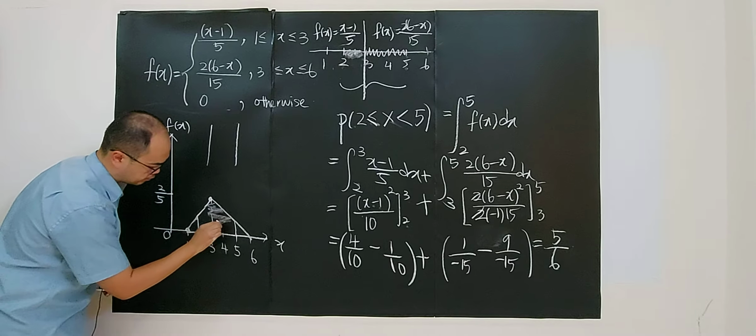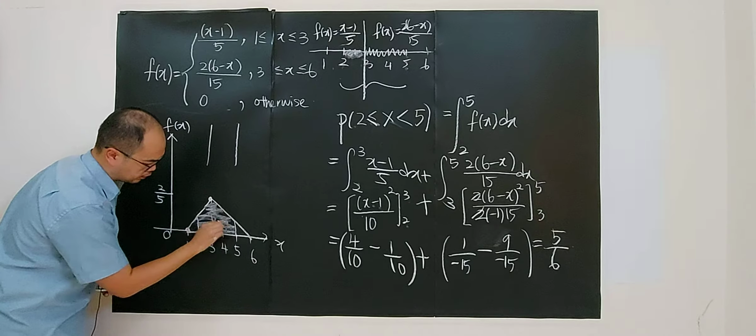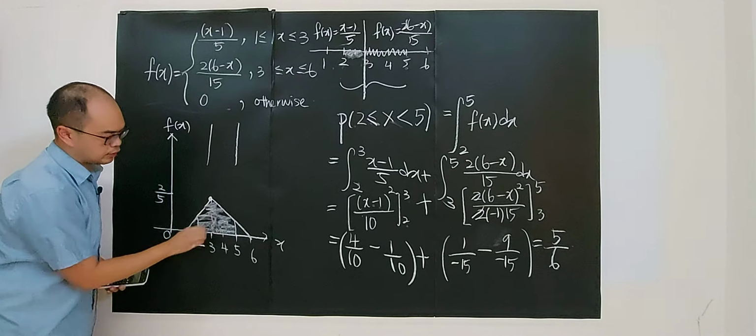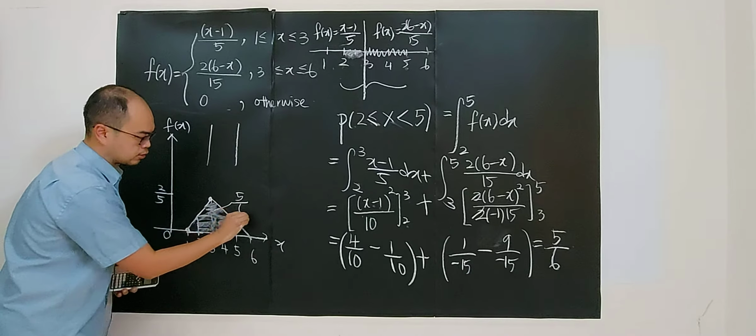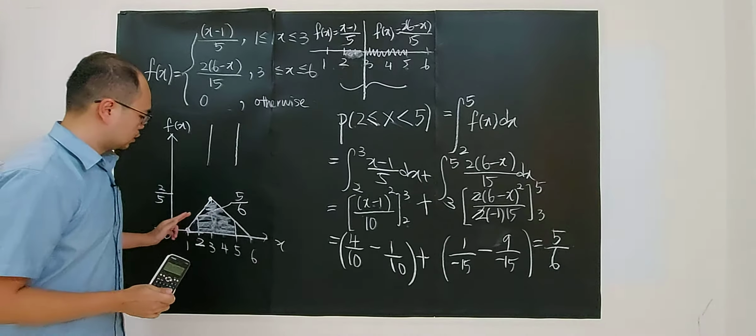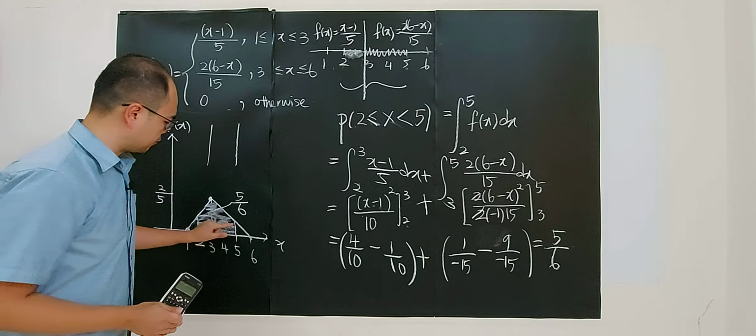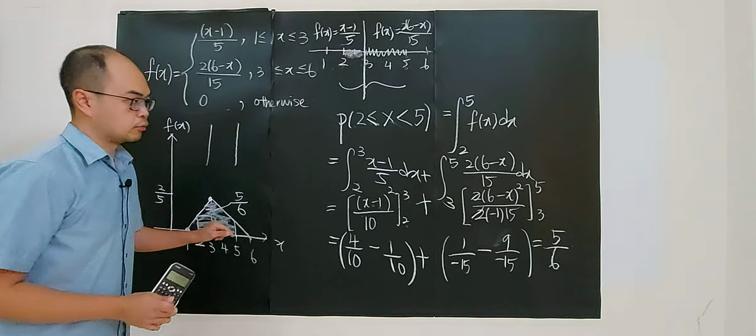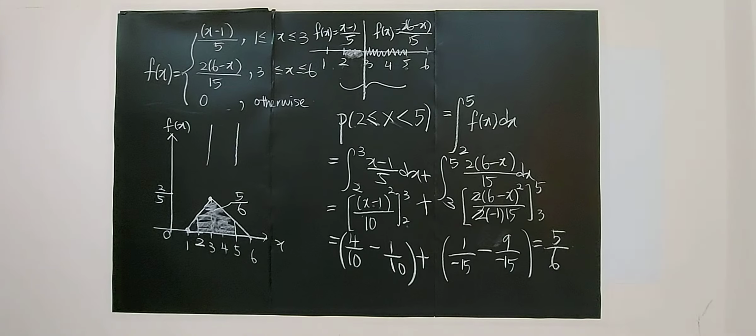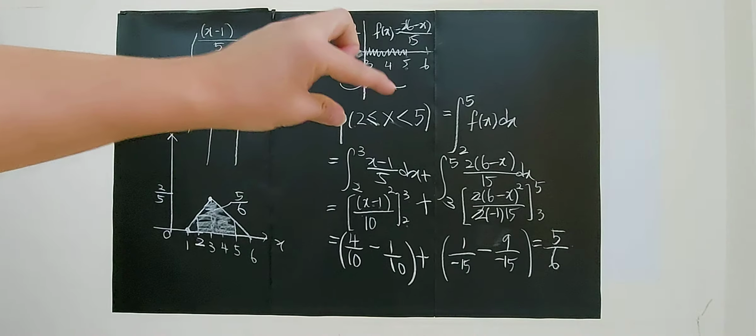This area here, from 2 up to 5, gives you the value of 5 over 6. You must understand this will be the area from 2 up to 5. If you find the area, you are getting 5 over 6, which represents the probability of this interval.